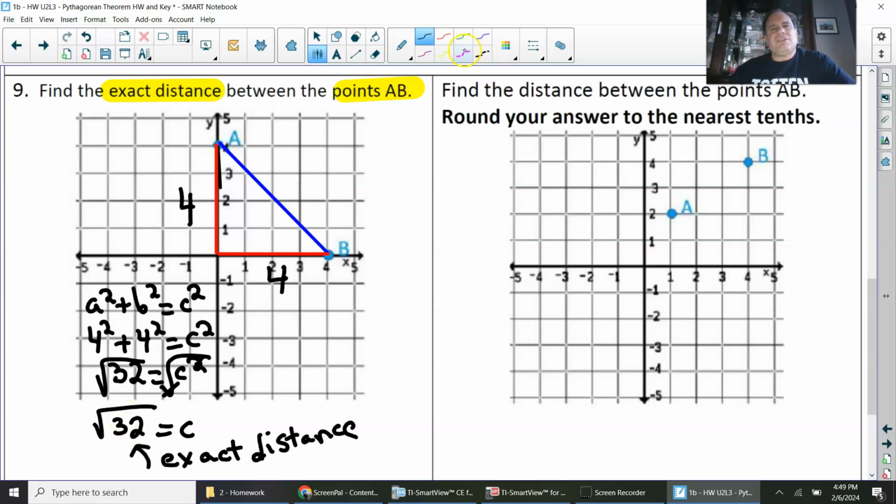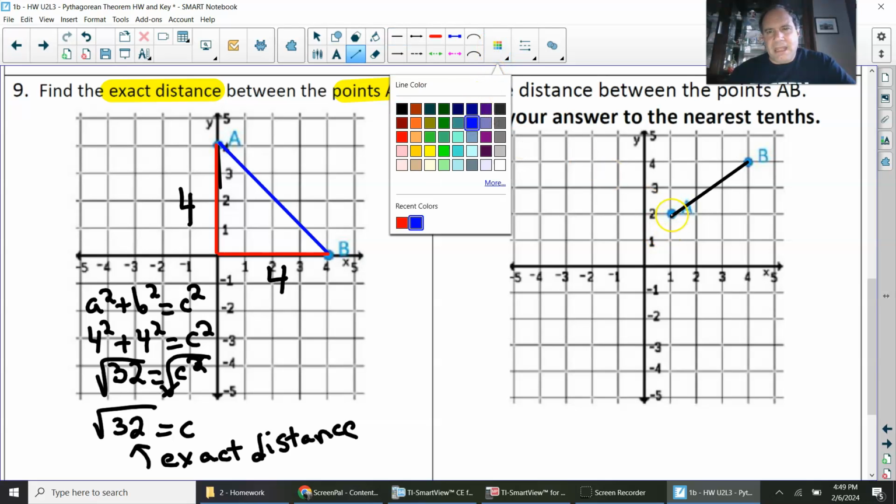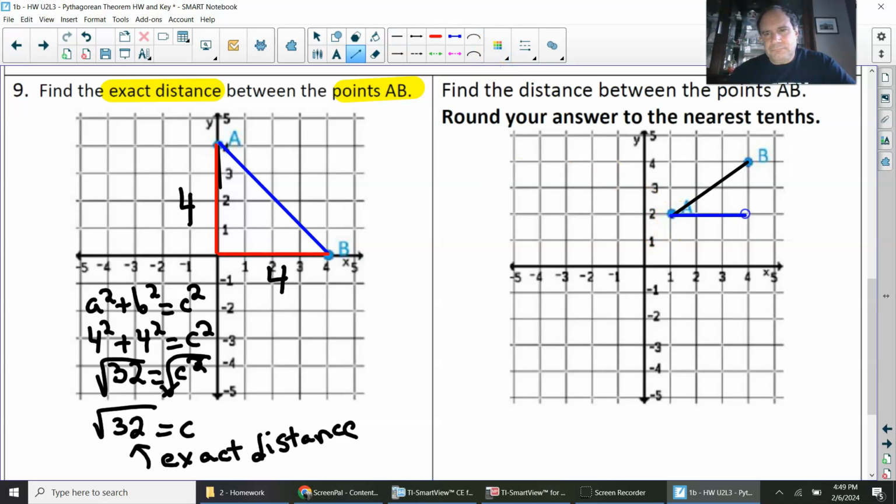All right. Now it says find your distance between points A and B and round your answer to the nearest tenth. If it says round your answer to the nearest tenth, you know now that you have to round it. And you're not leaving it in the form of a radical or a square root. So this is 1, 2, 3. So I'm going to put 3 here.